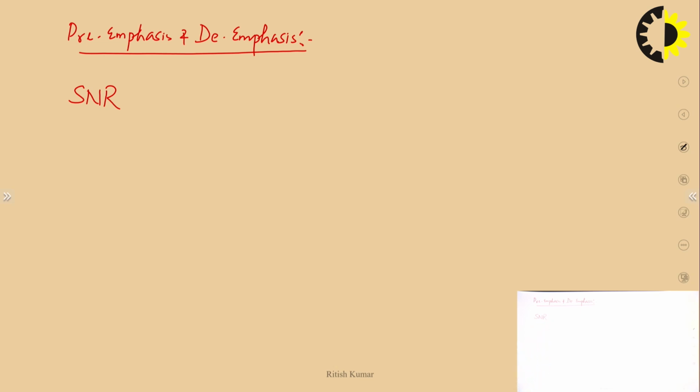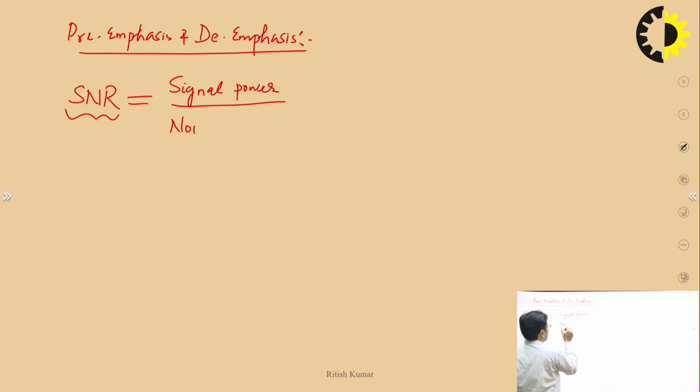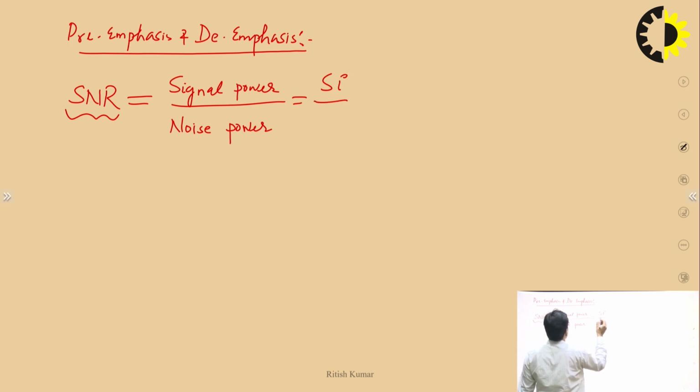Our aim is to improve the SNR, because SNR is nothing but the ratio of signal power to noise power, which you can write as Si upon Ni, or generally S upon N. Our aim should be to have high signal strength in the main message signal, while the noise should be as low as possible.